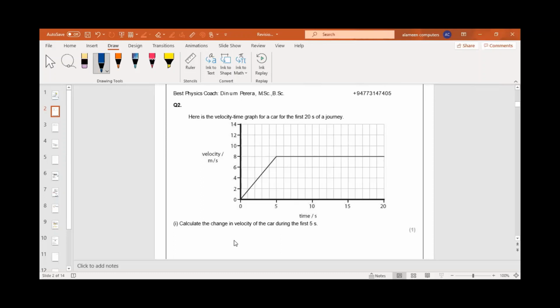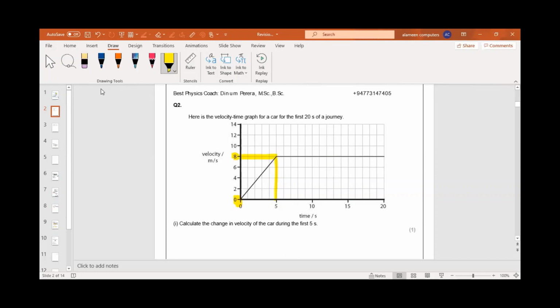Calculate the change in velocity of the car during the first 5 seconds. Right. During the first 5 seconds, the velocity changes from 0, the initial velocity is 0, the final velocity is 8 at the 5th second, right?